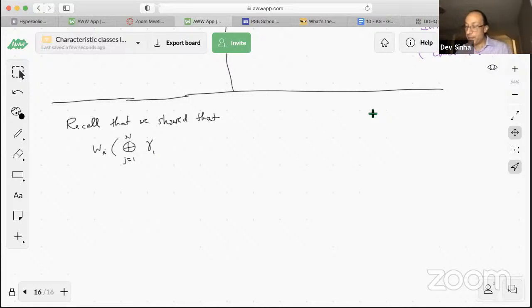I'll call it gamma 1. This is the symmetric polynomial inside the cohomology of the product of these RP infinities. Okay, great.